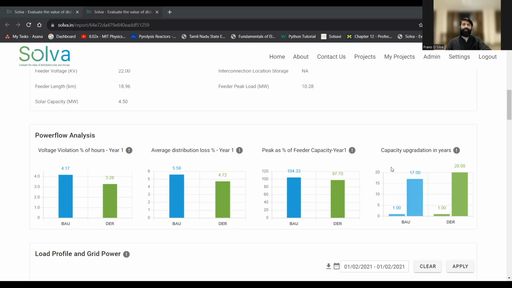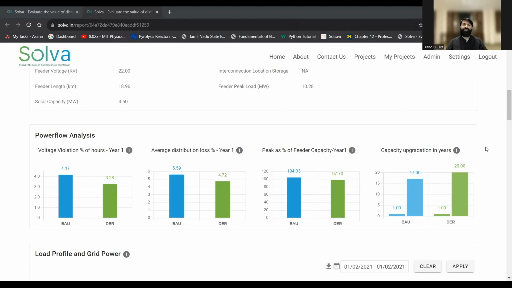However, with introduction of DER, we still see that the peak load handled by this feeder is now 97%. Though it is lower than the BAU case, it is still above the limit that we have set, that is 90%. And hence, in the DER case as well, it suggests the capacity upgradation for the first year. The second capacity upgradation, if noticed in the BAU and DER case, shows a difference of 3 years.